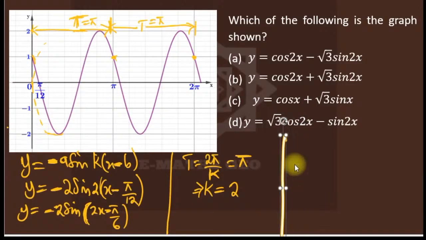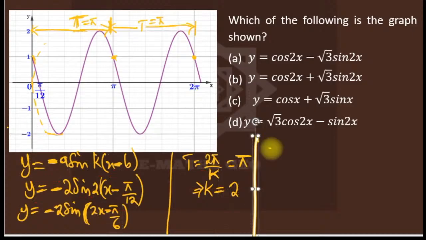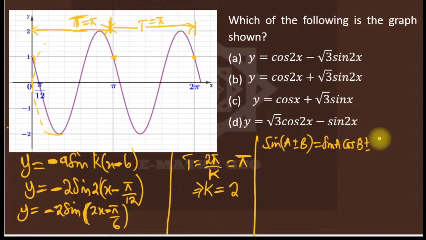So there is one formula, the addition formula, that says that sine of A plus or minus B is always sine A cos B plus or minus cos A sine B. I have minus here, so we'll use minus. So that's the formula we're going to use.